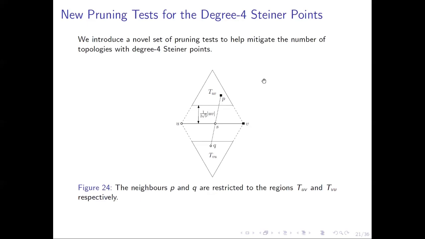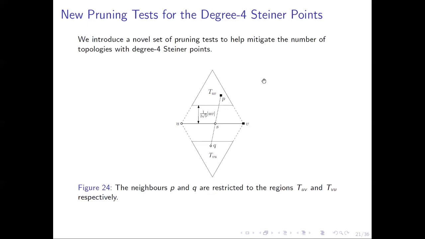So here you have a degree 4 Steiner point S, which is adjacent to its neighbors U, P, V, and Q. And let's say U and V are fixed. Then once U and V are fixed, you can calculate this point. This point is the equilateral point of U and V, which means U, V, and this point form an equilateral triangle.